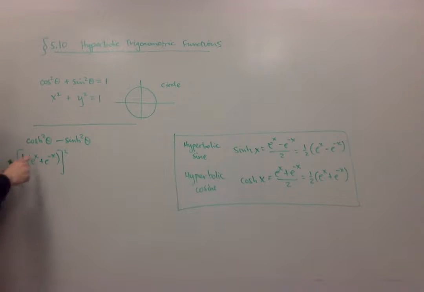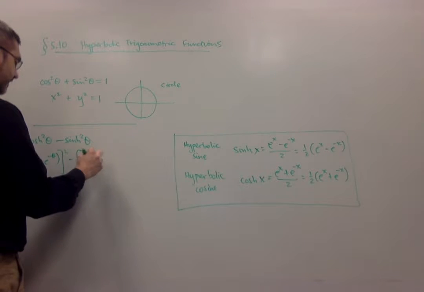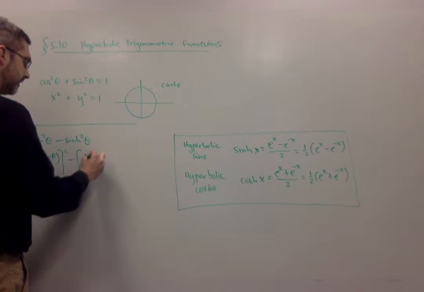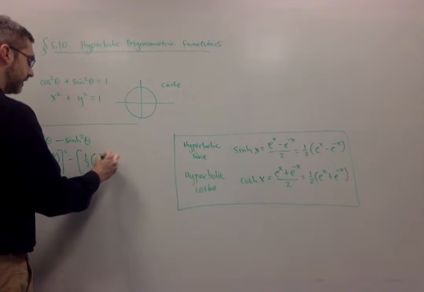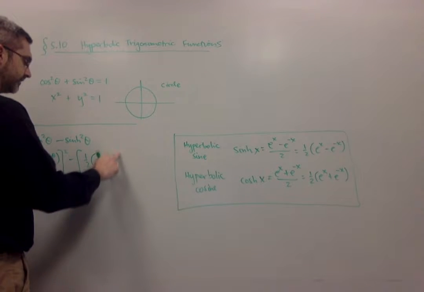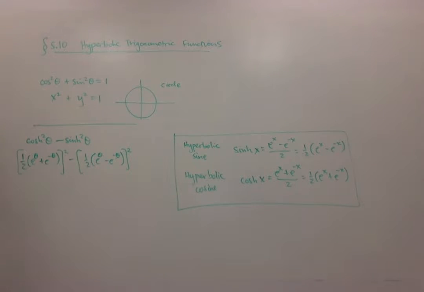That's our cosh squared, but I'm not using x, I'm using theta, so let's do that. Okay, minus, let's take our sinh, so 1/2, use round brackets here, e to the x minus e to the negative, and I'm not using x's, sorry, using thetas, squared. And let's see what happens.